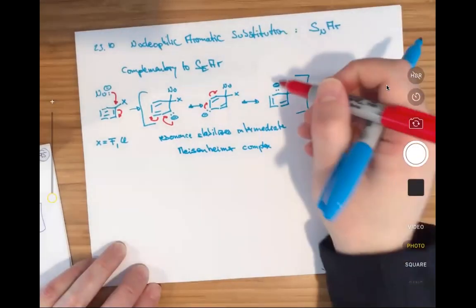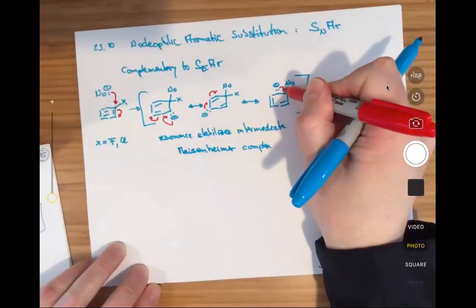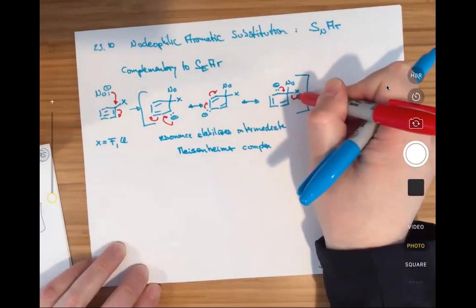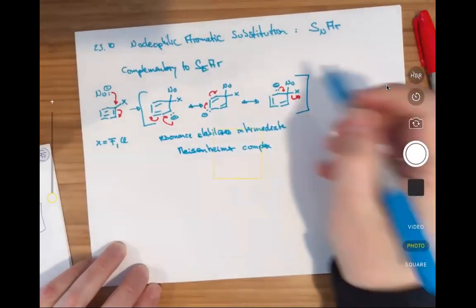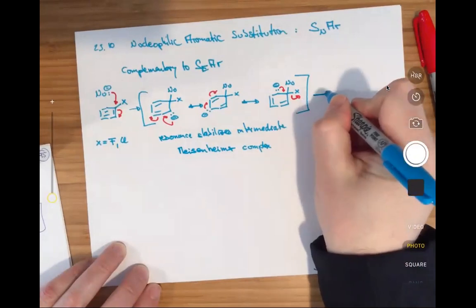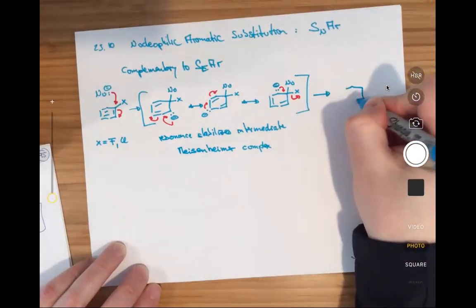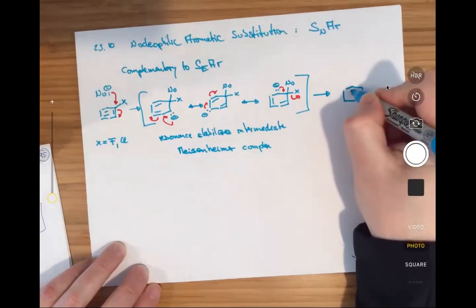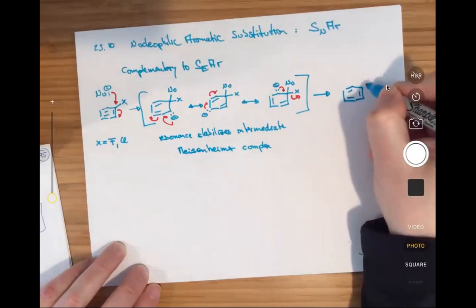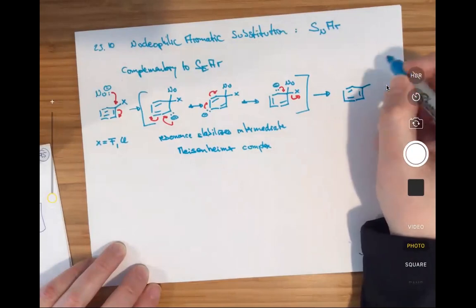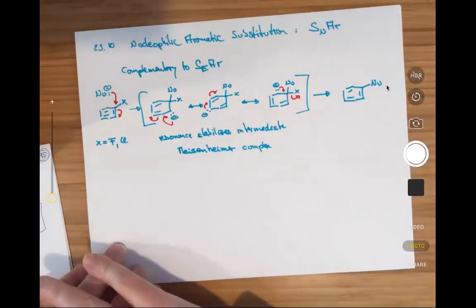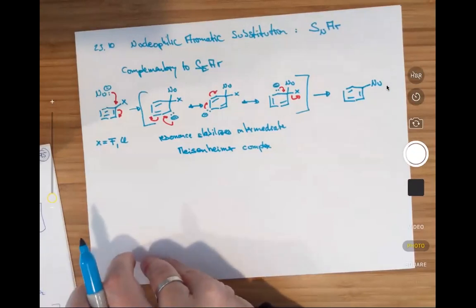Well, we can push the electrons from this position in, and we can kick the leaving group, this X, out, and that re-aromatizes the system, so stabilizes the system overall again. And what we did formally is essentially an ipso substitution of the X group, so that was a chloride or a fluoride, with our nucleophile.